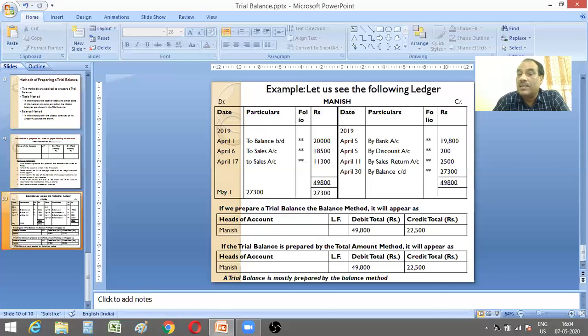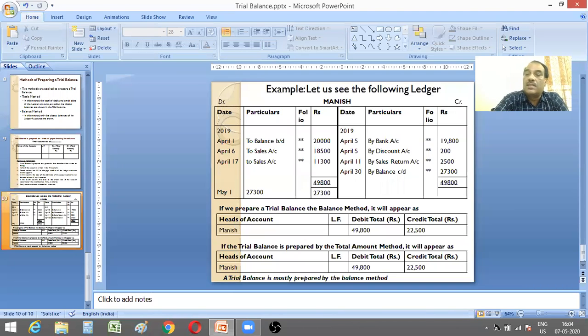By discount, the firm received, Manish received 2,000 discount on his total purchase, so it is 200. Then on 11th, due to sales return, the goods that he sold were returned to him, and for that he got 2,500. He has to pay the buyer 2,500 because the item was returned.